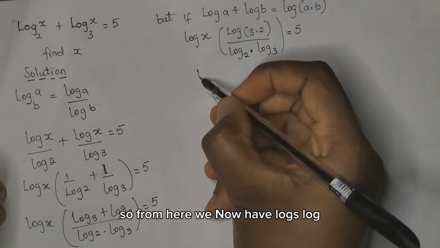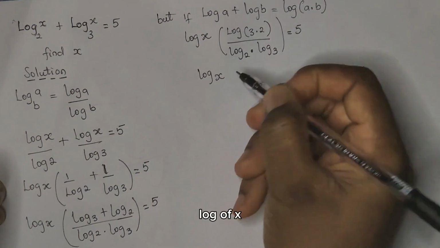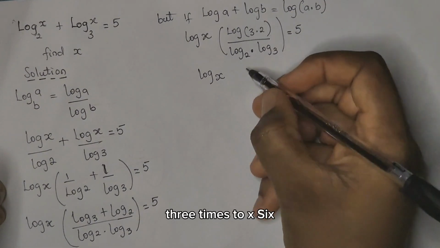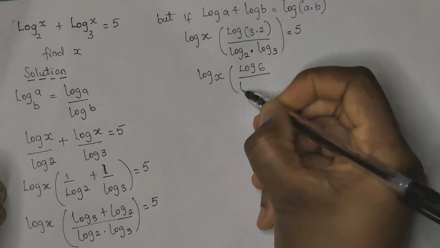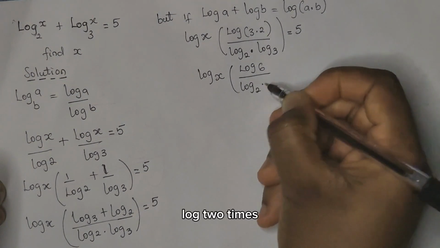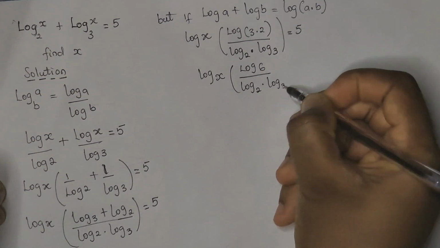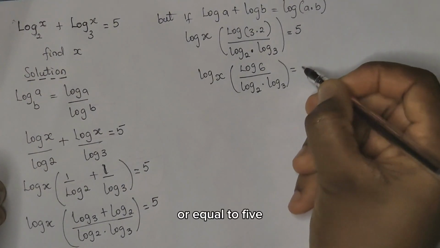So from here we now have log of x, 3 times 2 is 6, we now have log 6 over log 2 times log 3, all equal to 5.